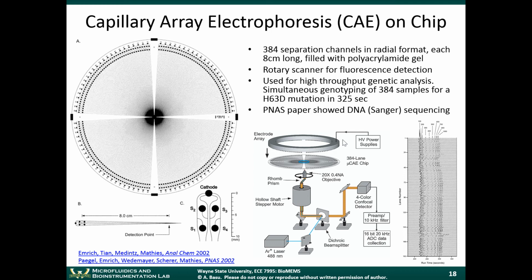The rotation of the device, in this case, didn't affect the separation. If you are spinning at very high rates, and if you're dealing with larger channels, then you could get centrifugal flow, which would cause a flow in the channels. You obviously don't want that. With capillary electrophoresis, you only want electroosmotic flow.